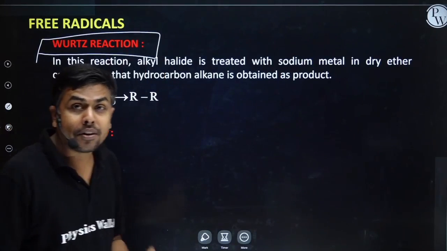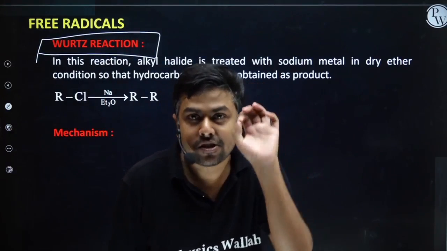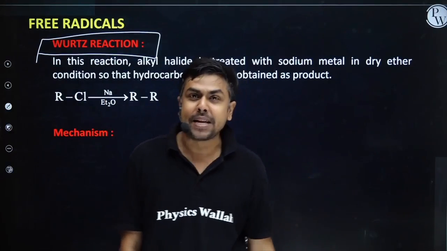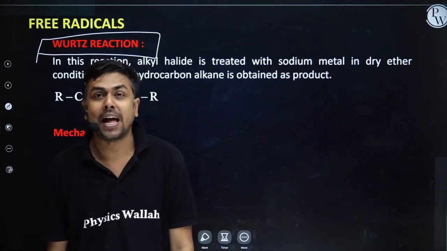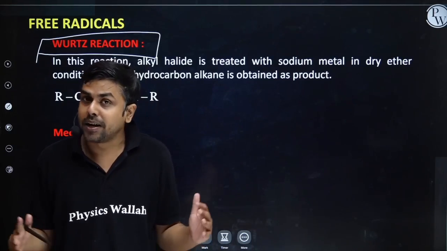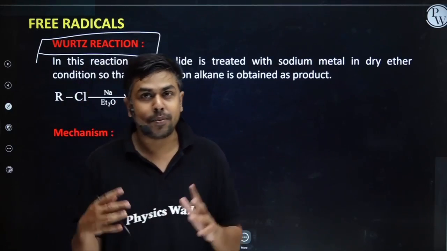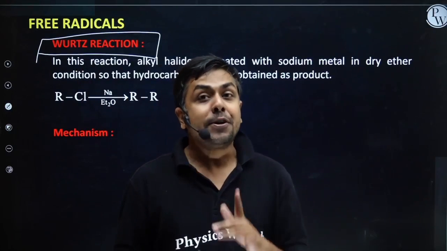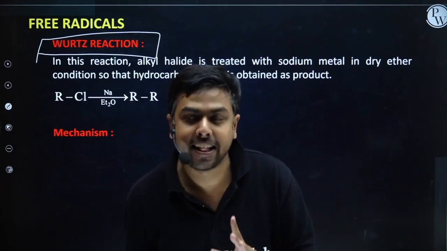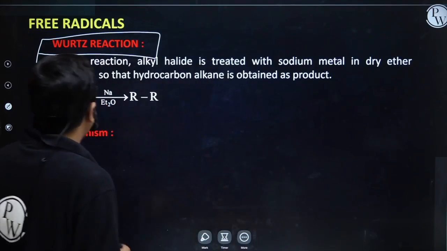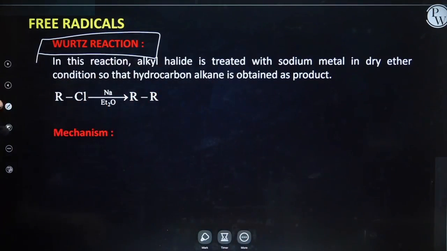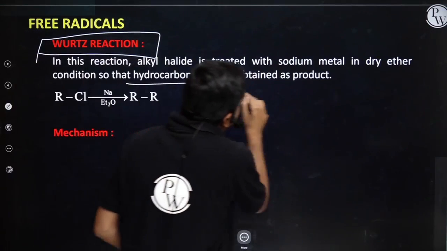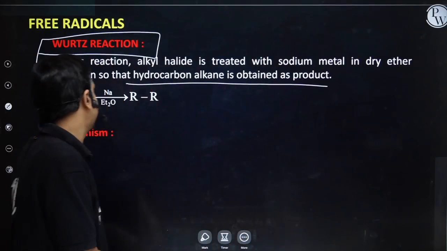Student, whenever alkyl halide is treated with sodium in the presence of dry ether, first we'll have the formation of alkyl radical, which may undergo combination reaction, which may undergo dimerization reaction to give us higher alkane. Am I clear? Student, in this reaction, alkyl halide is treated with sodium metal in the presence of dry ether so that hydrocarbon alkane is obtained as a product.